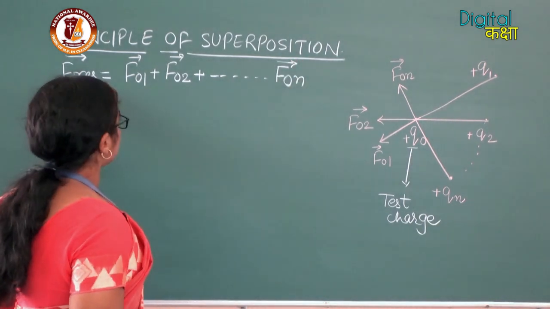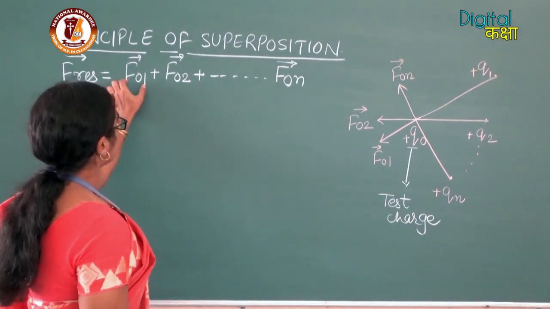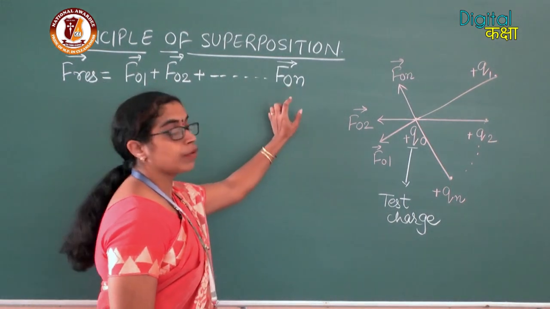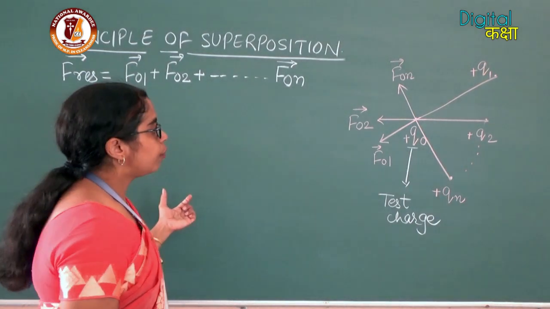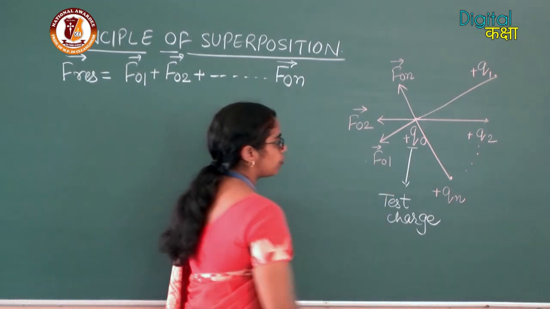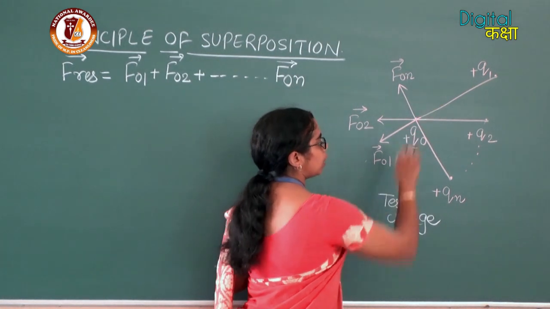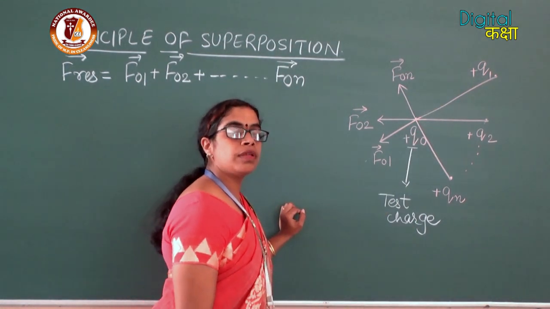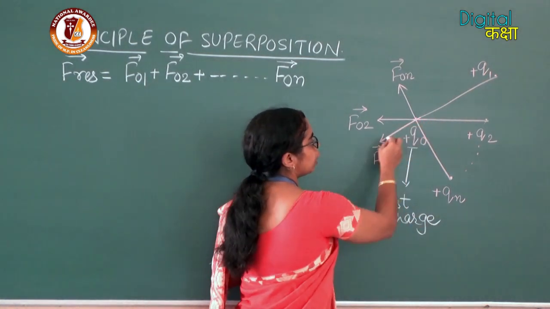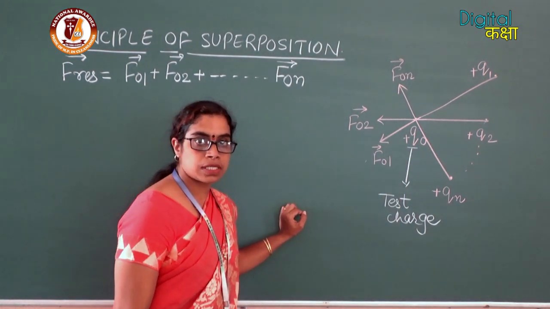So mathematically the relation can be written in this way: F resultant is equal to vector F01 plus vector F02 plus up to vector F0n, where vector F01 is shown in this way. Since both the charges Q0 and Q1 are positive, when Q1 exerts force on Q0, its tendency will be to repel this charge because they are like charges.